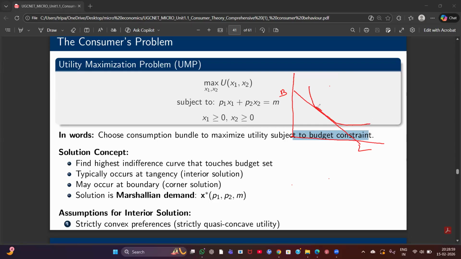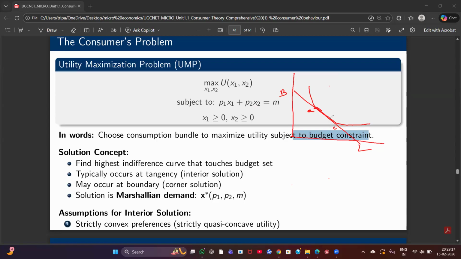This straight line part means this function is convex. That means some portion of the curve has a straight line segment, from this point A to C. This portion of the indifference curve will be a straight line.